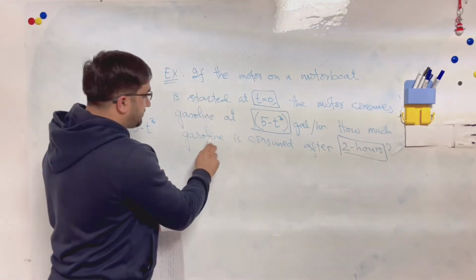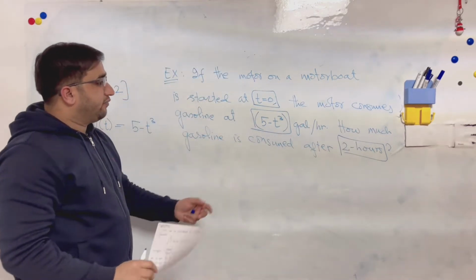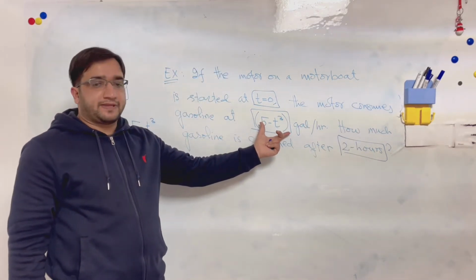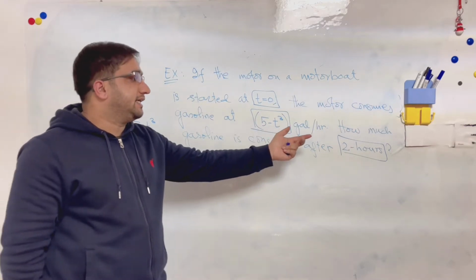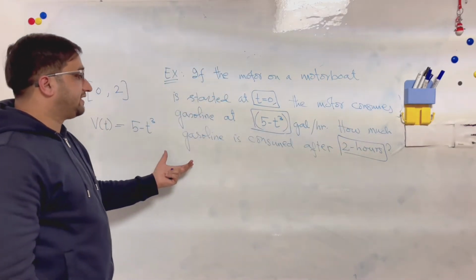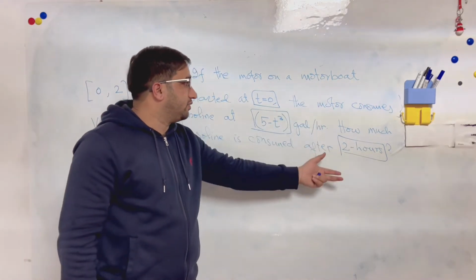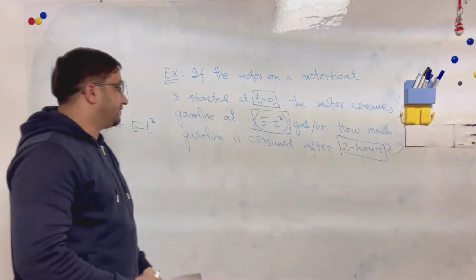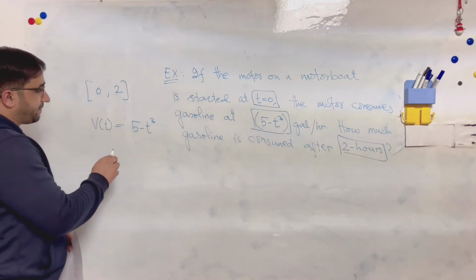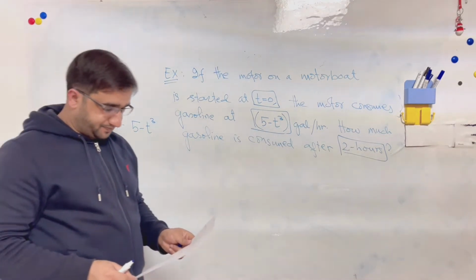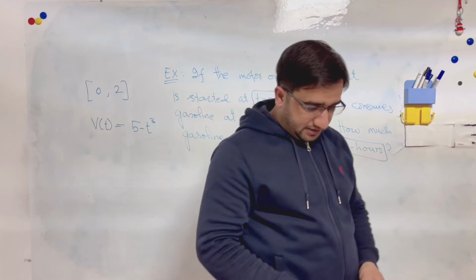How much gasoline is consumed? When the quantity is changing in terms of the volume, then how much means you have to calculate the total volume consumed by the motor in 2 hours. So you have to give me the change in volume. What should be the formula?